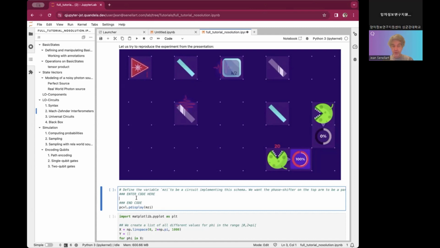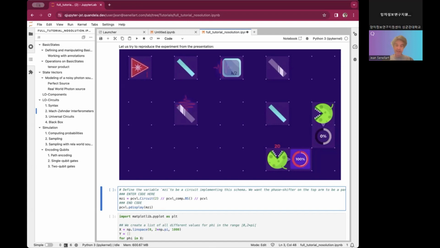So it's quite straightforward. We define it in one line. We define a circuit. Then we append a beam splitter, so we say pcvl.Circuit, comp.BS here. Since there is no parameter to the beam splitter, it's equivalent to a 50-50 beam splitter: 50% of the light goes through, 50% is reflected.